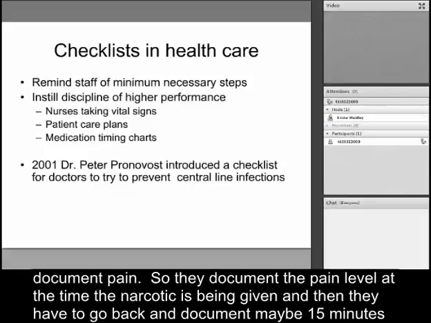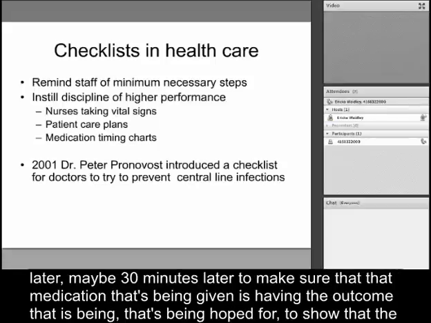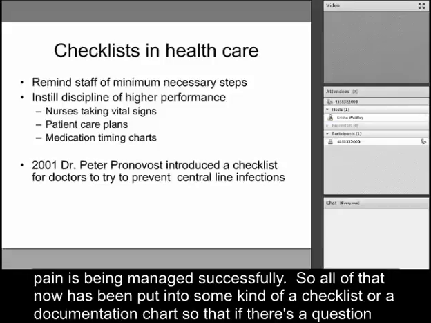So they document the pain level at the time that the narcotic is being given, and then they have to go back and document maybe 15 minutes later, maybe 30 minutes later, to make sure that the medication being given is having the outcome that is being hoped for, to show that the pain is being managed successfully.